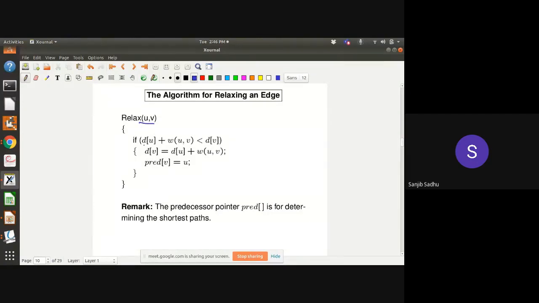You check if du plus w of u comma v is less than dv, which was originally computed, the old dv. If the old dv was larger than du plus w, then I will update this dv as the new value of du plus w. And I have already said that this array will be used for determining the shortest path.